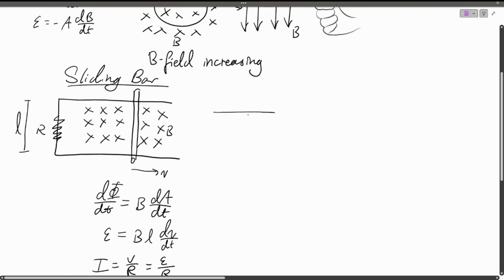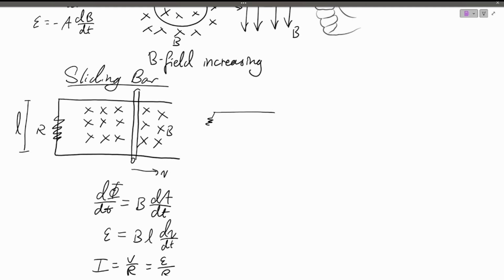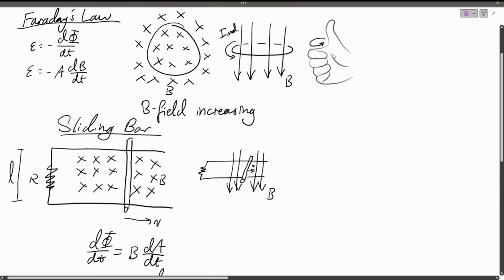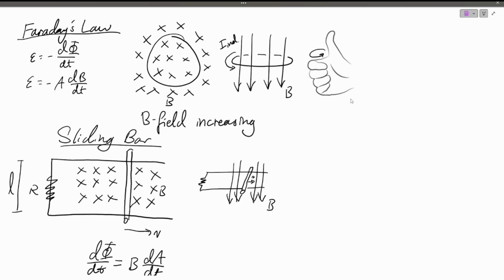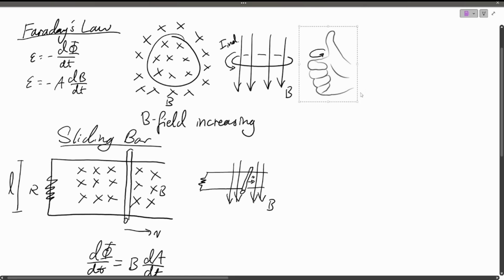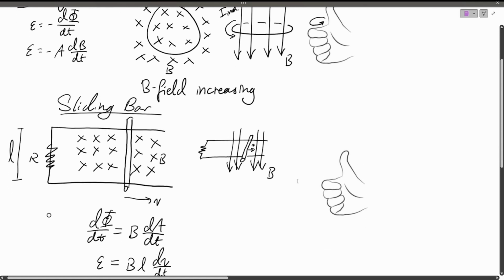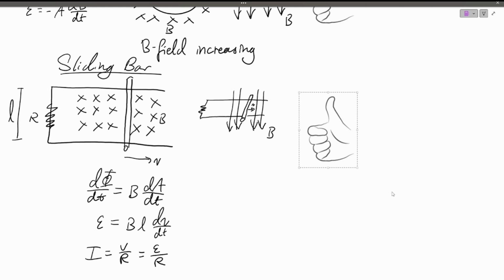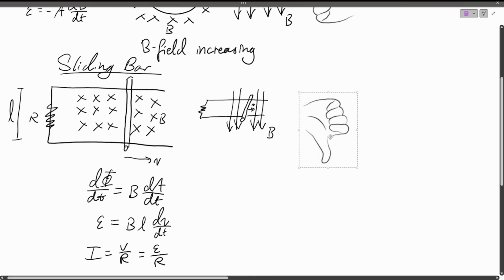So I will draw this again from a different angle. Then of course we have this. Alright, so B field is doing this. Here, if we use our hand, since area is increasing, d phi dt is going to be the exact same direction as v, like so.